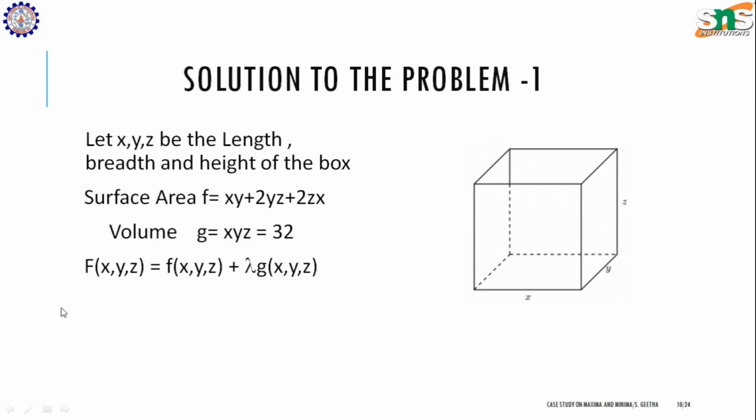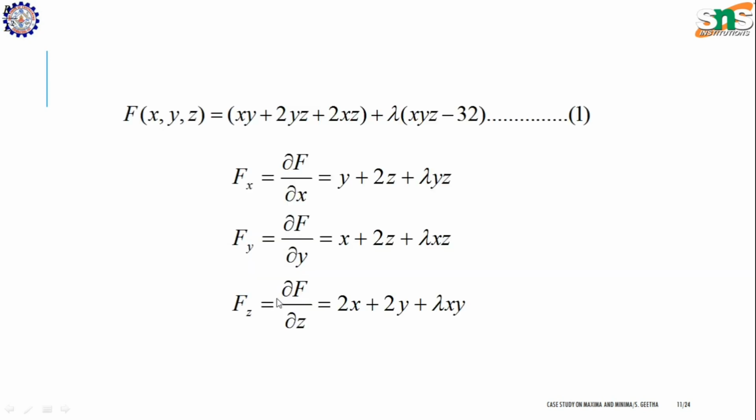Now let us consider the function capital F equal to small f plus lambda into small g. So capital F of x comma y comma z is equal to xy plus 2yz plus 2xz plus lambda into xyz minus 32. Now Fx, that is dou F by dou x.